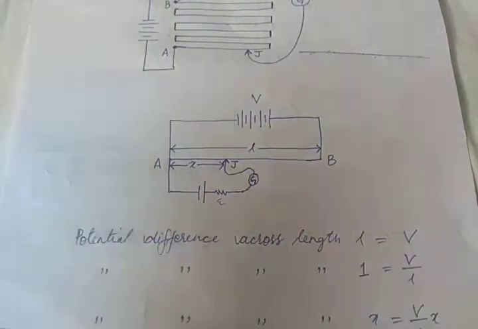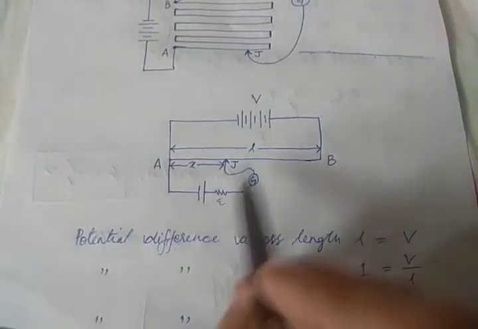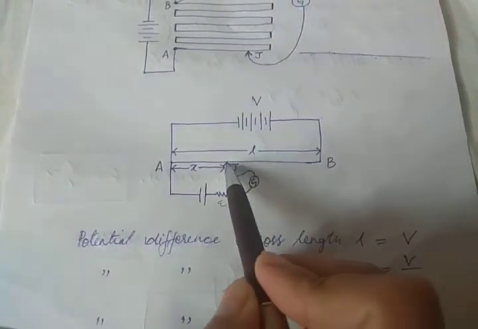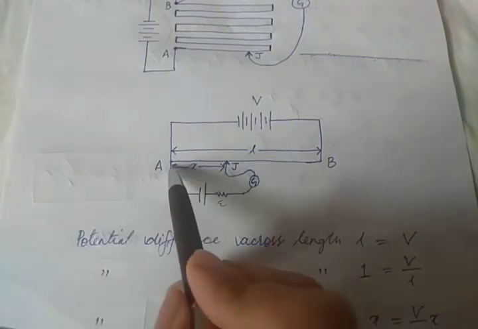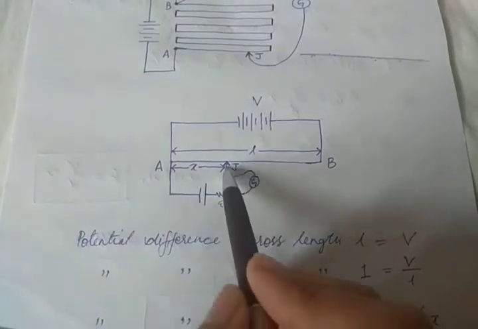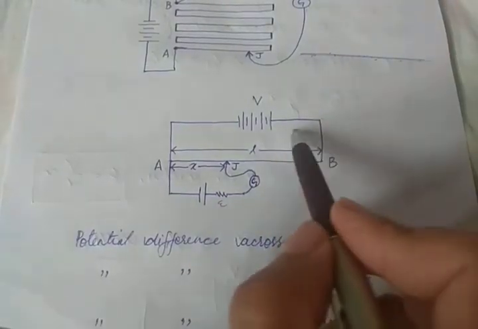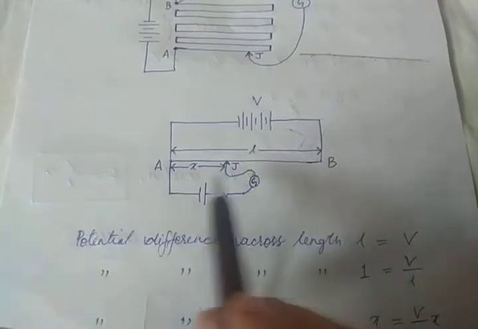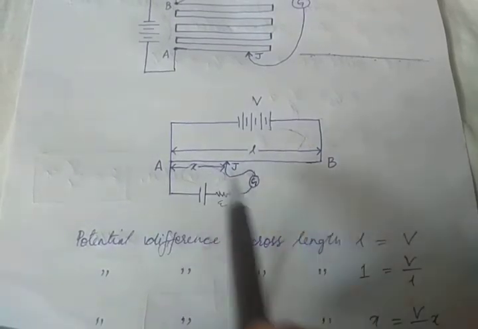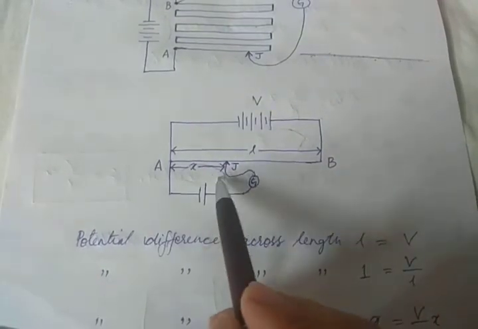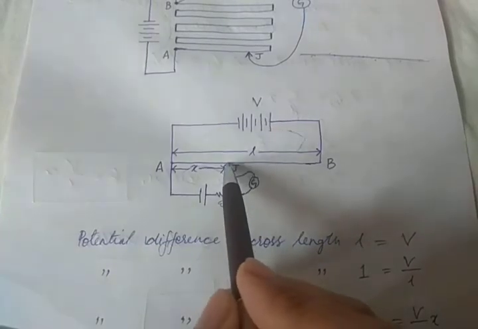Even if the jockey is not placed on the line, then this lower circuit is not closed. Remember, there are two circuits. This is the upper one, this is the lower one. Now this lower circuit forms a closed loop only when the jockey makes the connection.